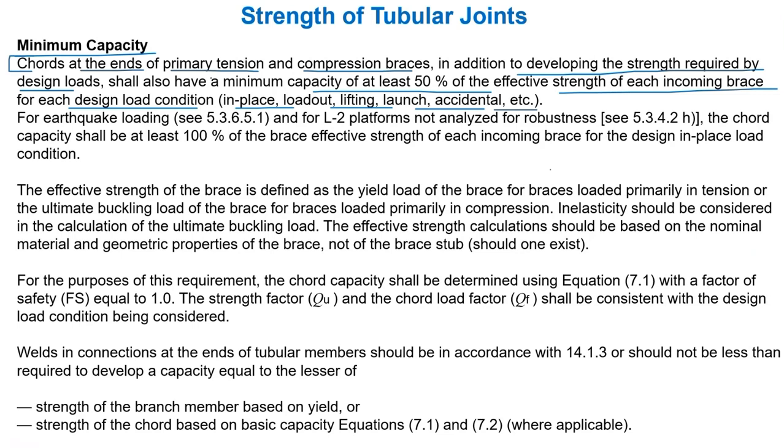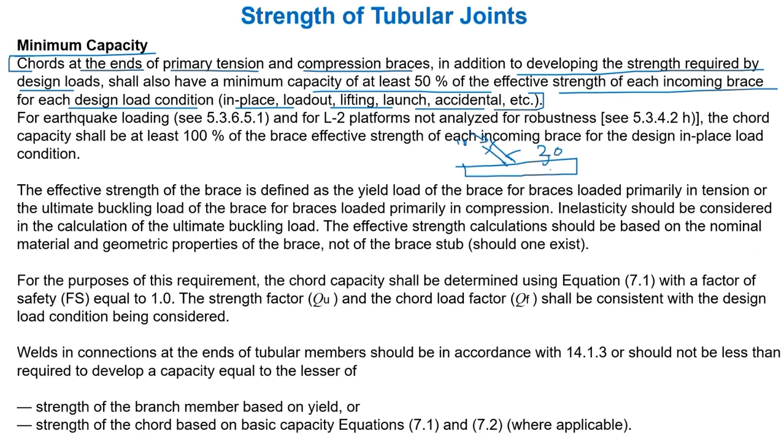Do you understand what these sentences mean? Suppose my can is there, my brace is there. Actually, some load will be coming, only 10 ton, but my brace can take a capacity of, say, 30 ton.